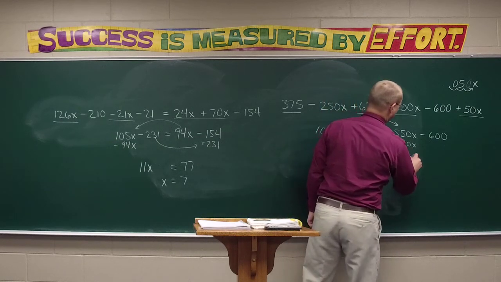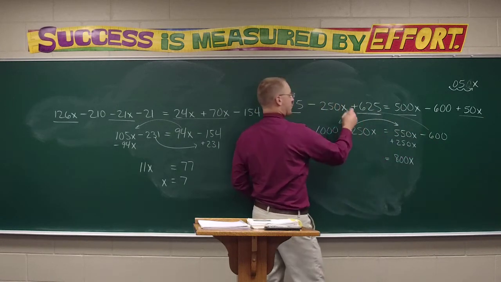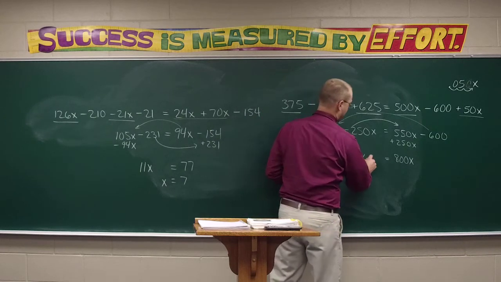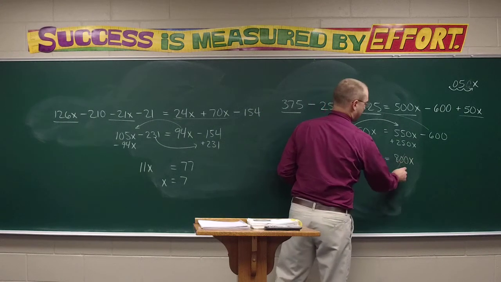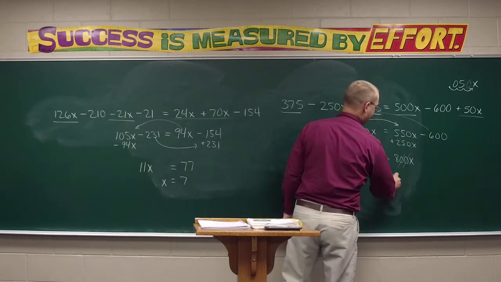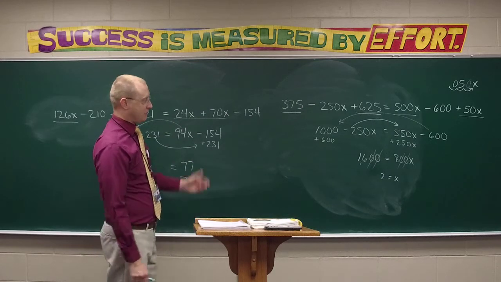By the way, I could knock zeros off the back end of everything, 1 zero off the end of everything. I will bring the negative 600 over here as a positive 600 to get 1,600. And then here, if I do knock off the zeros now, it's just 8x equals 16. x equals 2.